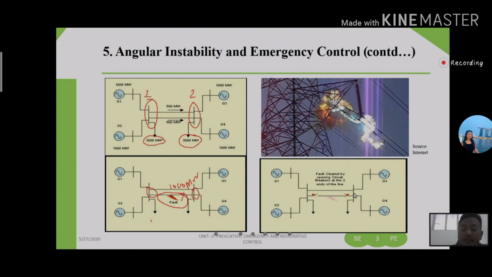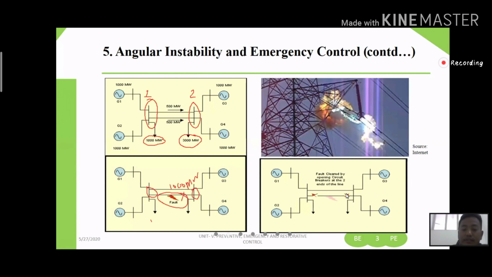This fault has to be cleared. The fault is cleared by opening the circuit breakers at the two ends of the line, and then from the other line you will transmit 1000 megawatt, which means it will be within the limit.